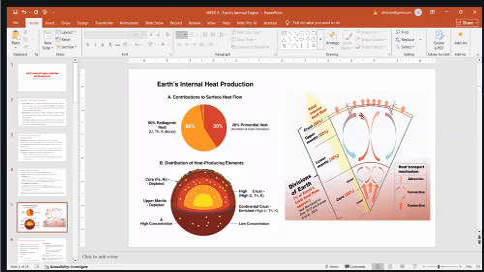And look at this example of the earth and how the percentage of this heat changes from the core to the lower mantle, outer core, upper mantle, and the crust. You can see where we have advection, where we have convection, and where we have conduction as well. So, like I said, there's no radiation here because we are dealing within the earth. Radiation is outside.